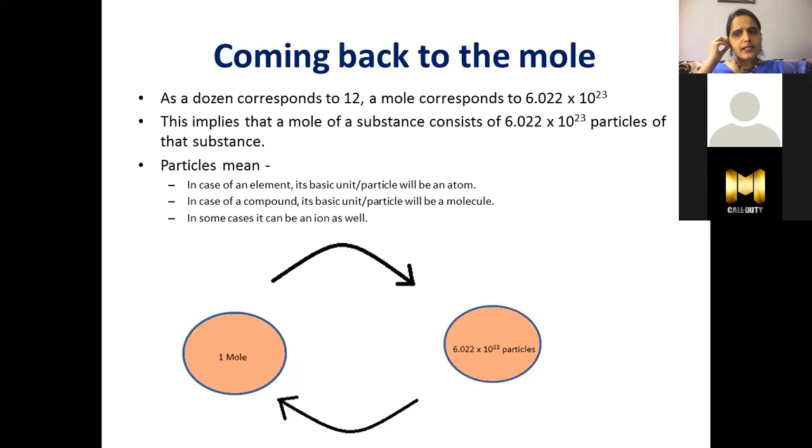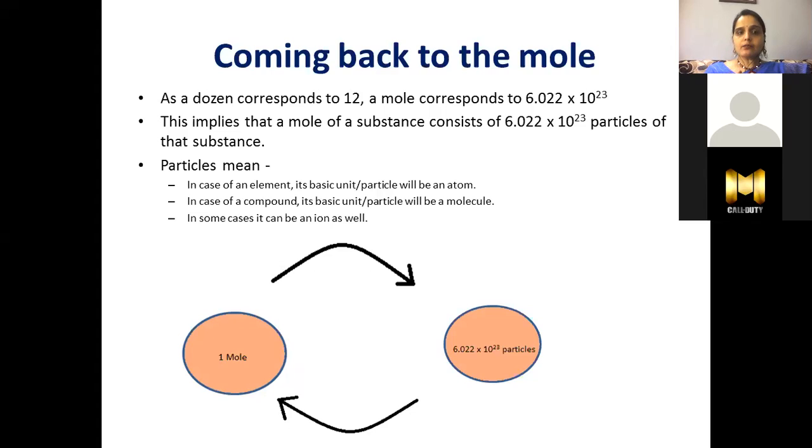And when I say particles, what exactly does it mean? Why have I used the word particle? Because if the given substance is an element, that basic unit or particle will be an atom. If the substance used is a compound, then the basic unit or particle will be a molecule.